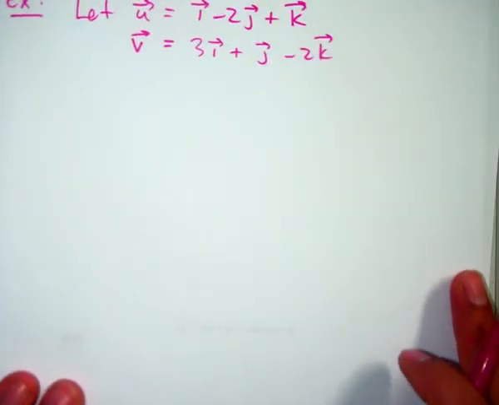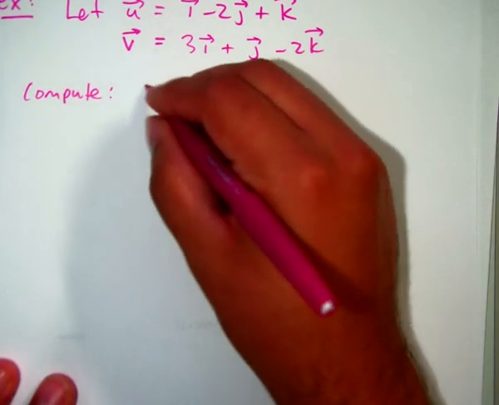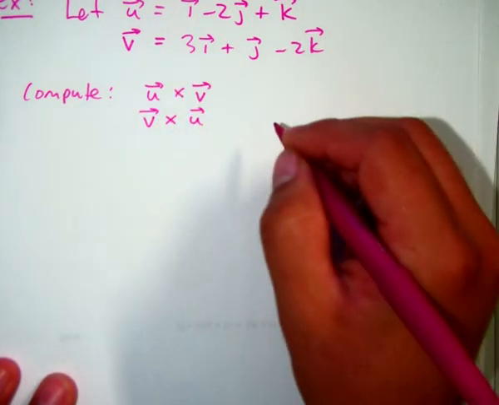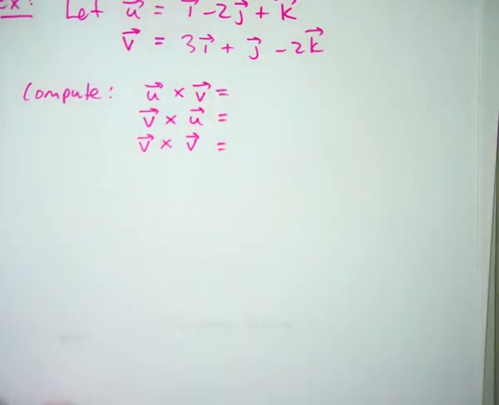Go ahead and calculate U cross V. And then go ahead and do V cross U. And then go ahead and just do V cross V. Done here in about 7 minutes.